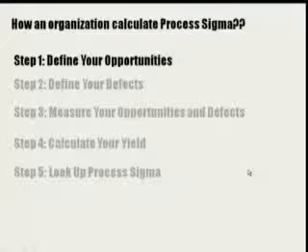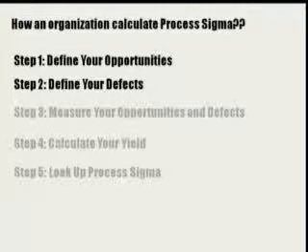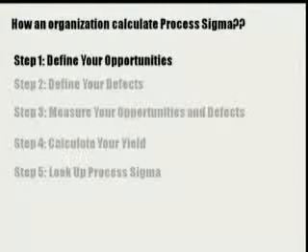Define the opportunities. Well, there are many opportunities for reducing defects. You can reduce defects in many different ways by seeking where these defects are located and how we can reduce them.